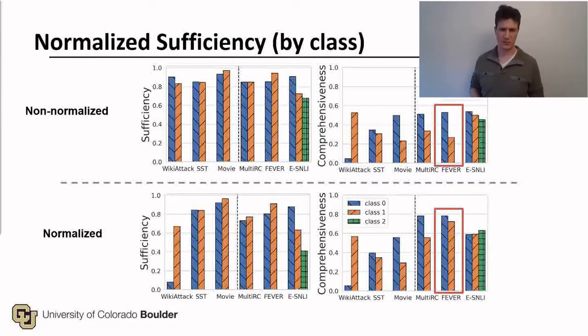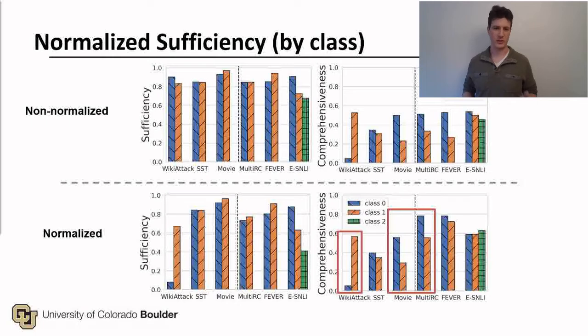Performing the same transformation on the class-wise results for Roberta, we see that the skewed results for Fever do indeed seem to have been the result of model bias, but there are genuine discrepancies present for WikiAttack, Movie, and Multi-RC. We also find that there are discrepancies in sufficiency for WikiAttack that were actually masked by the lack of normalization.